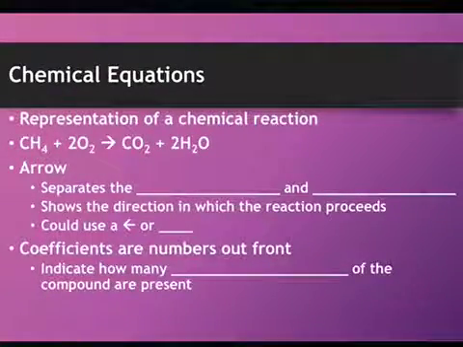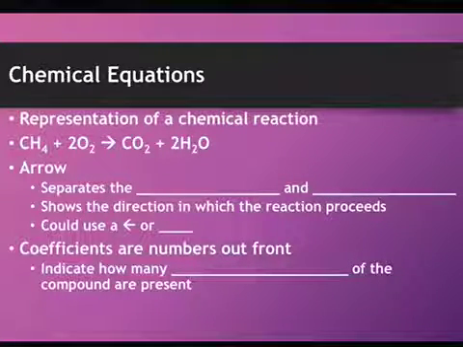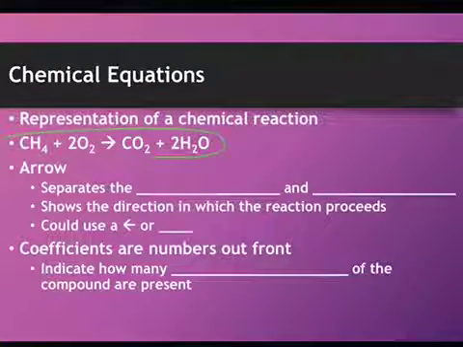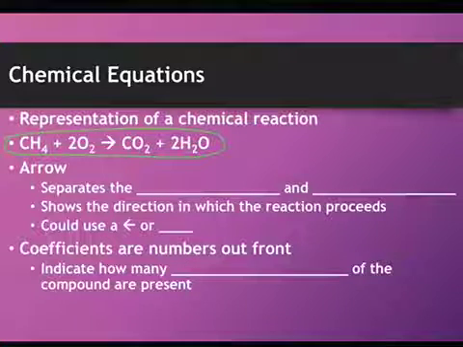So when we have chemical reactions, we can represent these happenings in a chemical equation. So this right here is the chemical equation showing the reaction of methane reacting with oxygen to create carbon dioxide and water.